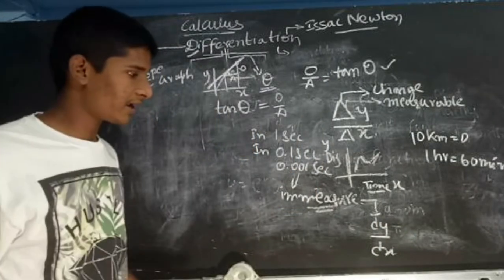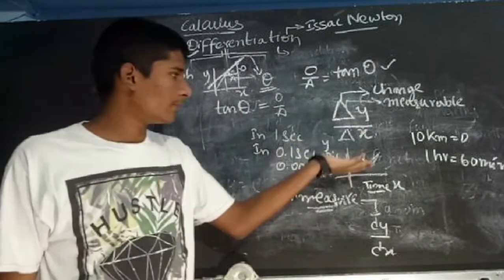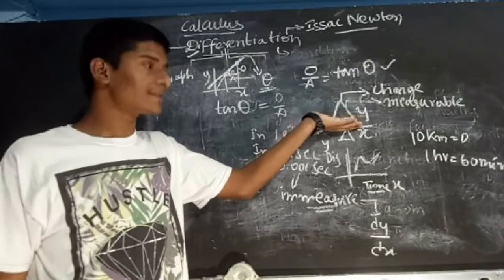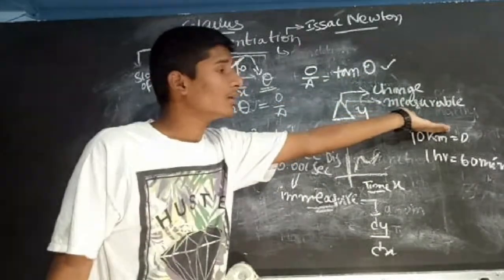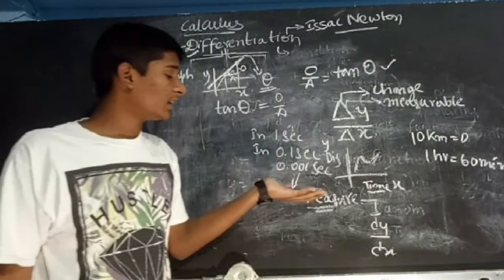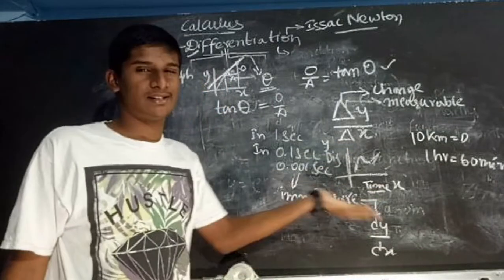Understood? Why we write dy by dx and delta y by delta x: delta is represented as measurable changes, and dy by dx we write as immeasurable changes.